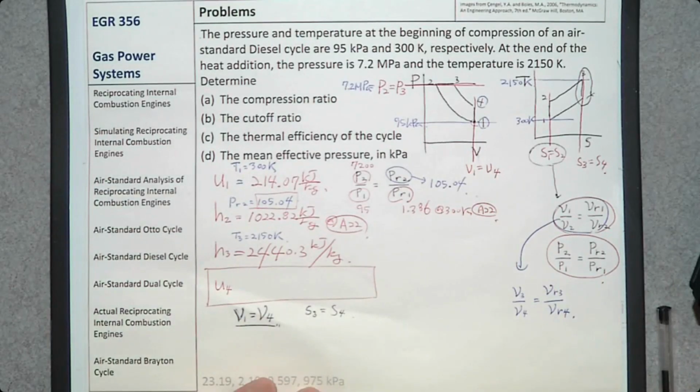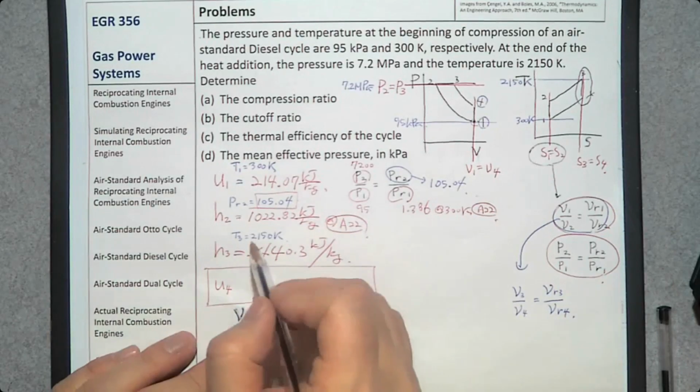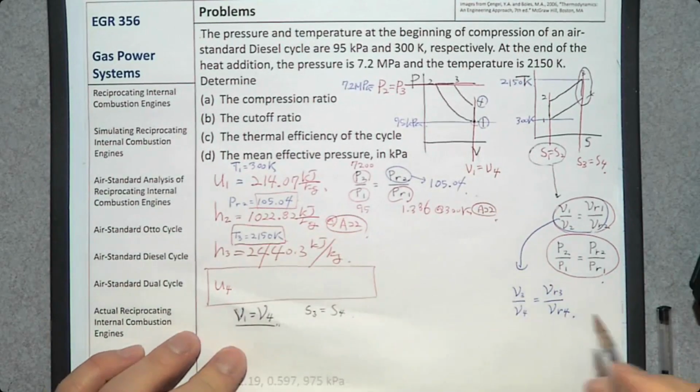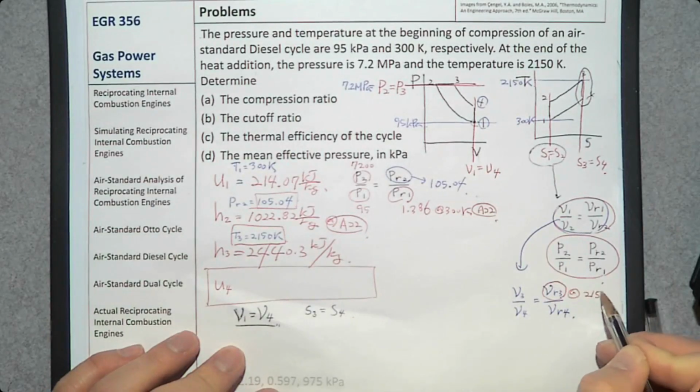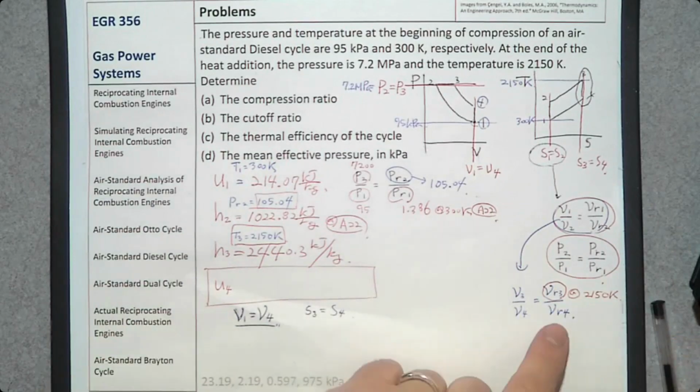And since we know the temperature at number 3, we can find VR3 at 2150 Kelvin. What about VR4?